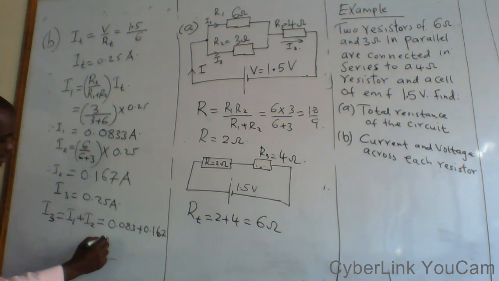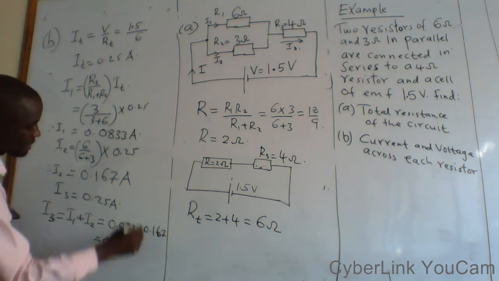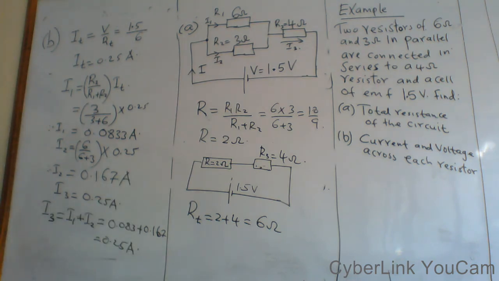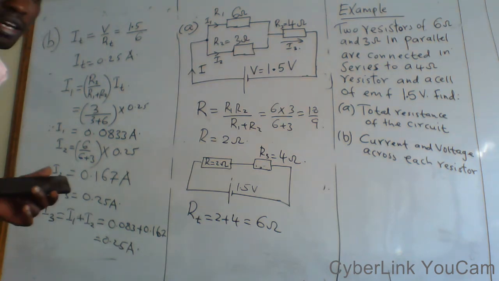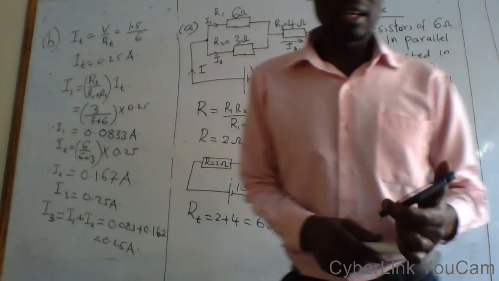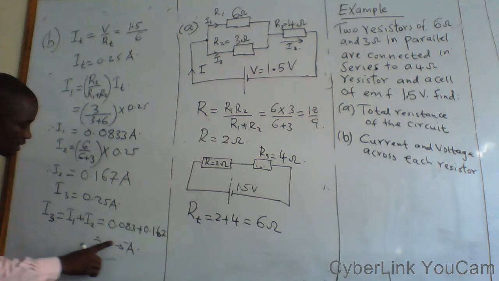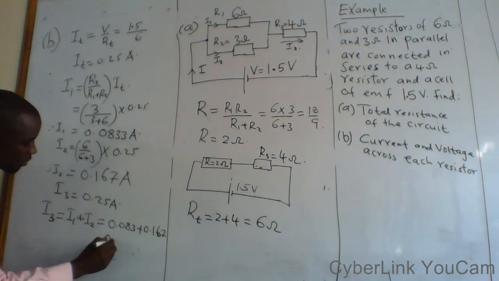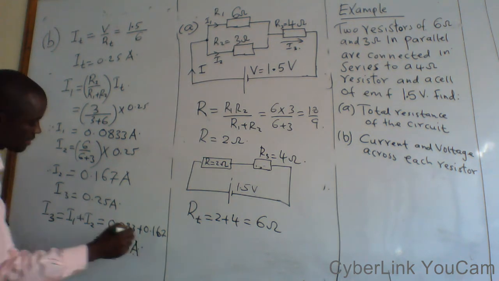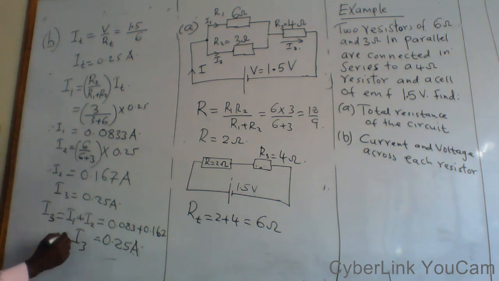So this will give us 0.25 amperes. So the total current is the same as the current flowing across that particular point. So we have said 0.25 amperes is our I3.